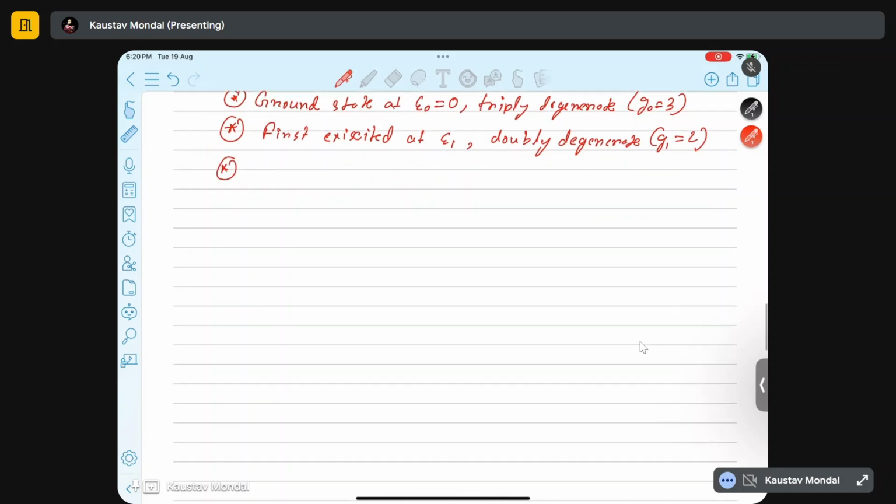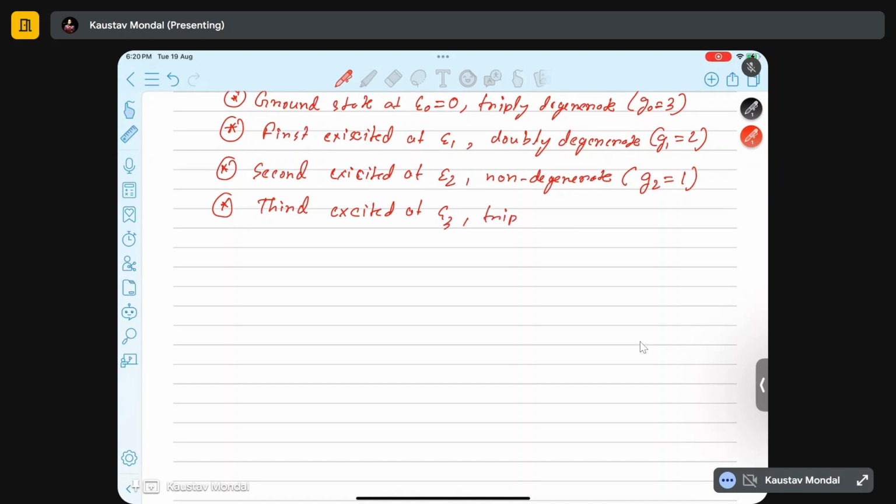The second excited state at E2 is non-degenerate. Here g2 is 1, and the third excited state at E3 is triply degenerate. In this case g3 equal to 3.